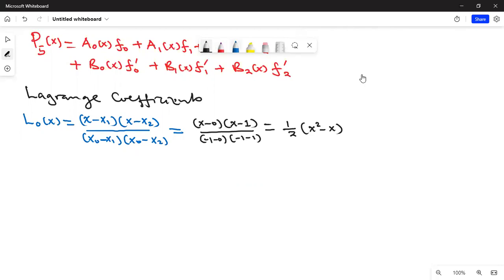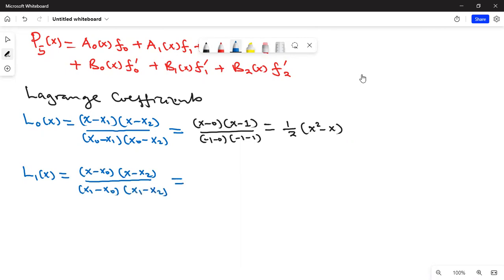Let's also get L1 of x. L1 of x is equals to x minus x naught, x minus x2 over x1 minus x naught, x1 minus x2.